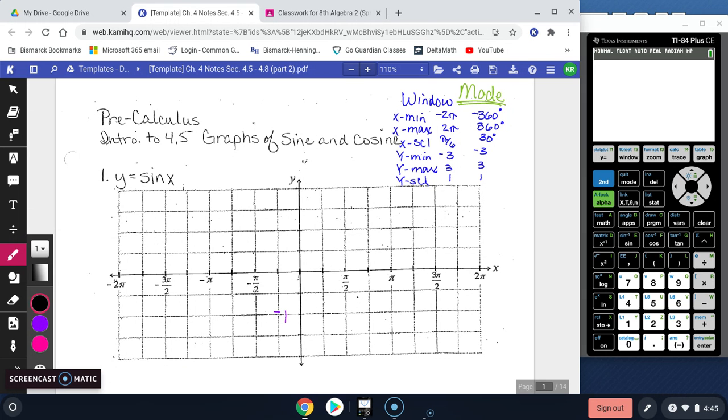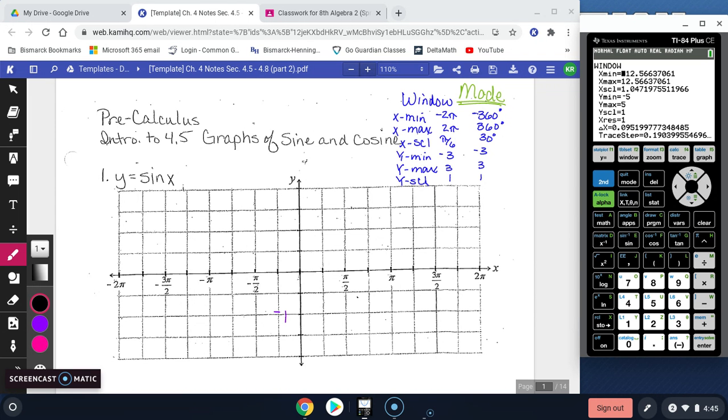So when you go to the window, you've got your X min, X max. I'm going to pattern what I put in my calculator against the size of the graph that we have on our notes. You'll notice I go from negative 2 pi to positive 2 pi, so that's going to be my X min and my X max.